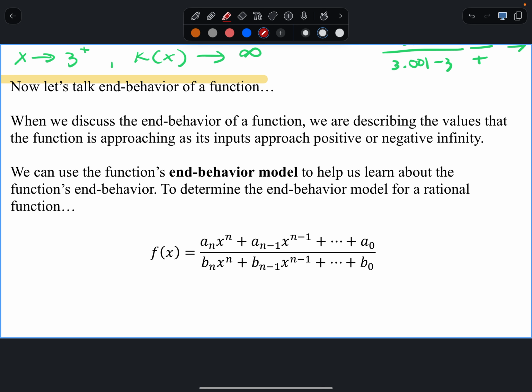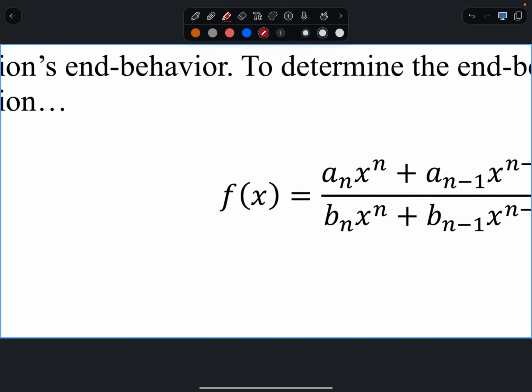Remember what the end behavior model was for a polynomial function? What was it? The term with the largest exponent. Okay, well, rational functions are ratios of two polynomials. Oh, I have a typo here, you guys. Can we fix it?